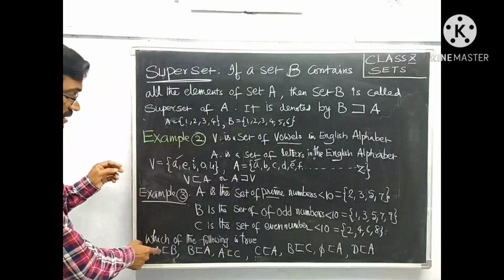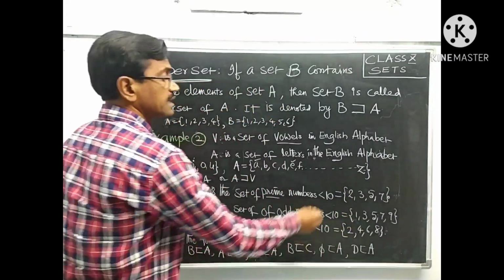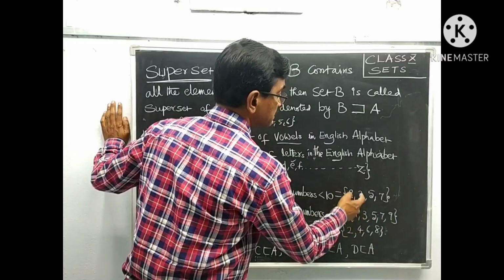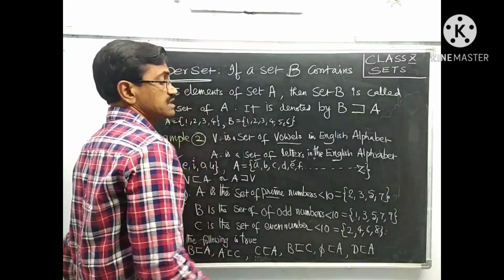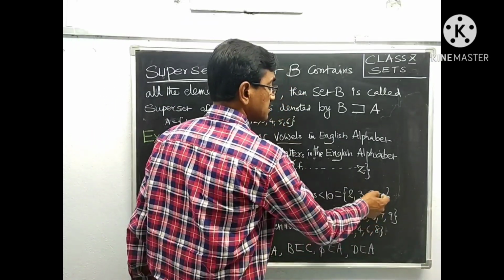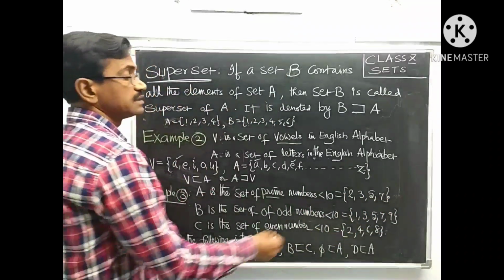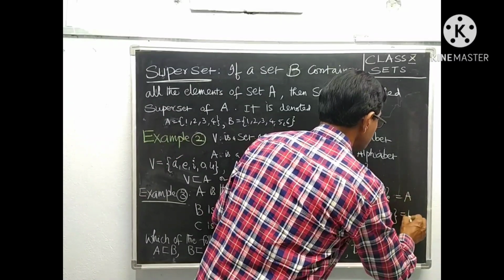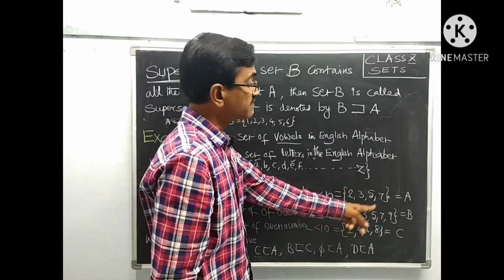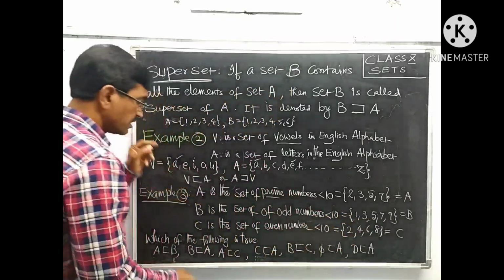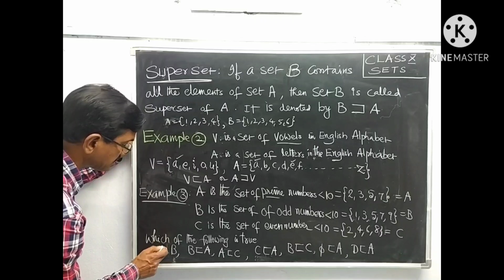Now let us verify. Is A a subset of B? Here, 2 is not there. 3 belongs to both sets, but 2 does not belong to both sets. 5 belongs to both sets. 7 belongs to both sets, but 2 does not belong to B. This is A, this is B, this is C. 2 does not belong to B. That's why A is not a subset of B. We have to represent it like this: A not subset of B. So, we have to write false.